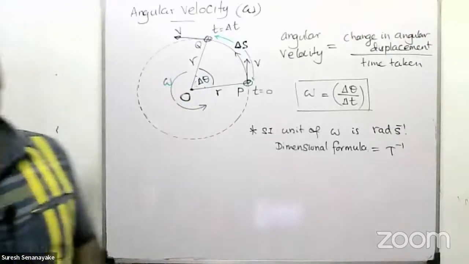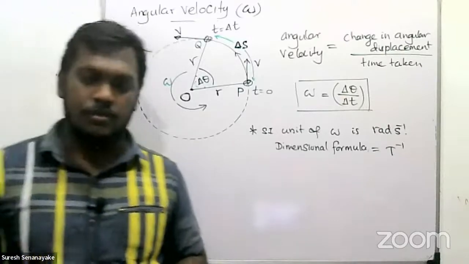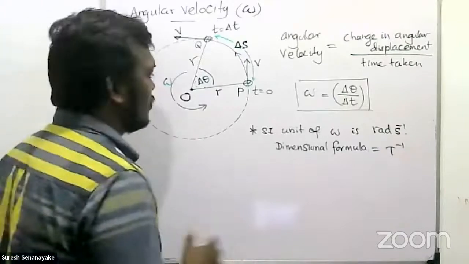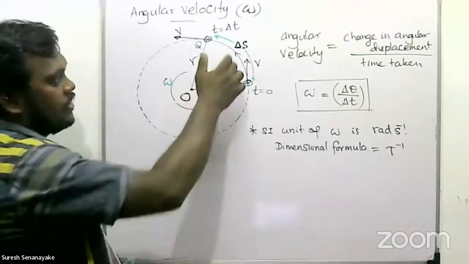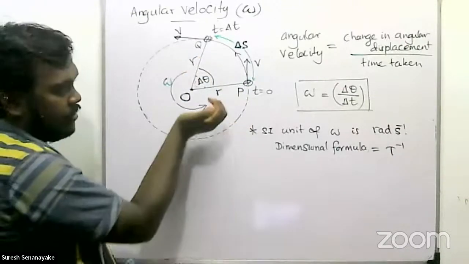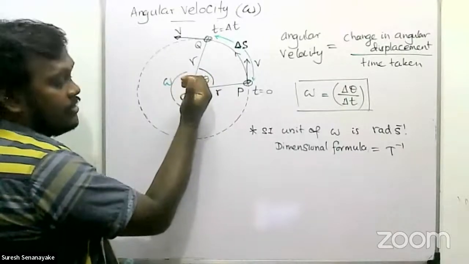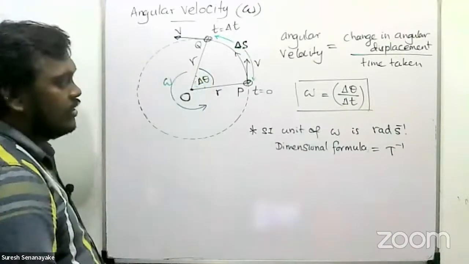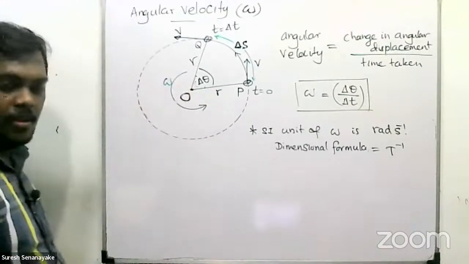To get the direction of the angular vector, there's a rule called the right-hand corkscrew rule. We curve the fingers of the right hand in the direction the object rotates. Along the axis, the thumb is directed towards the direction of the angular velocity, away from the plane.